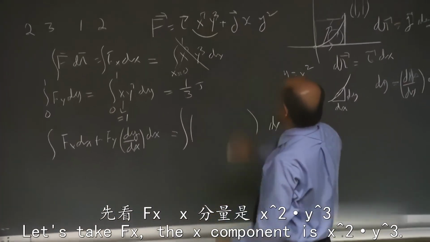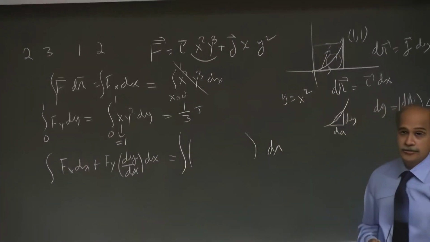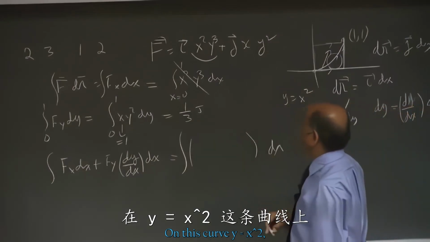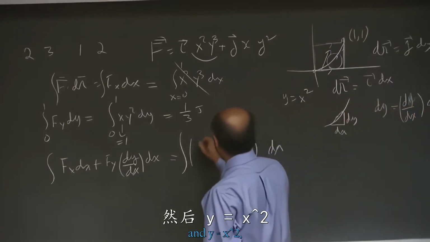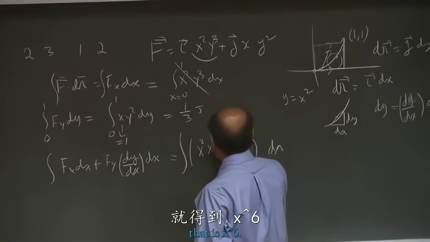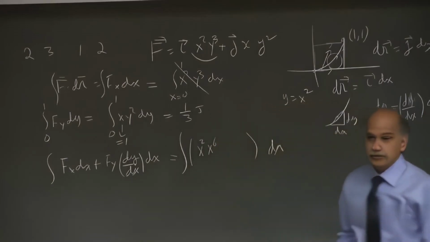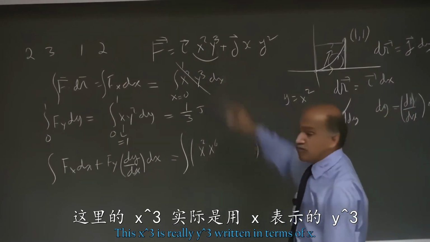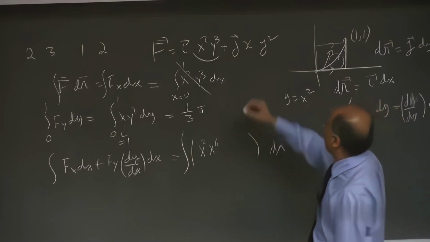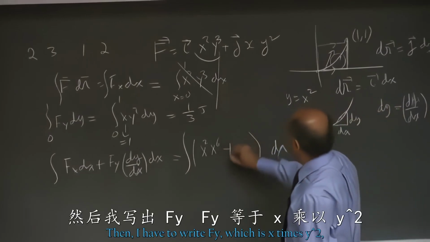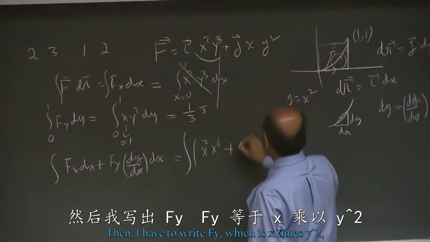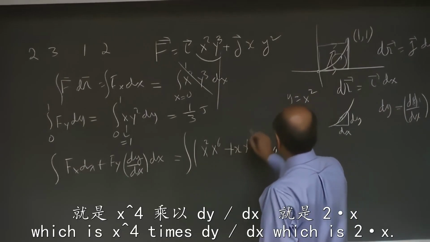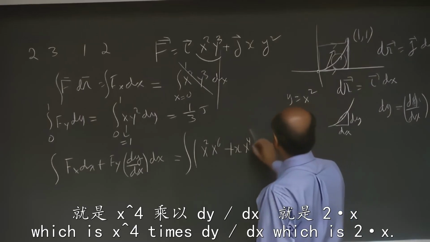The x component is x squared y cubed. On this curve, y is equal to x squared. So you really write x squared, and y is equal to x squared, that is x to the sixth. This x to the sixth is really y cubed written in terms of x. Then I have to write fy, which is x times y squared, which is x to the fourth, times dy/dx, which is 2x.